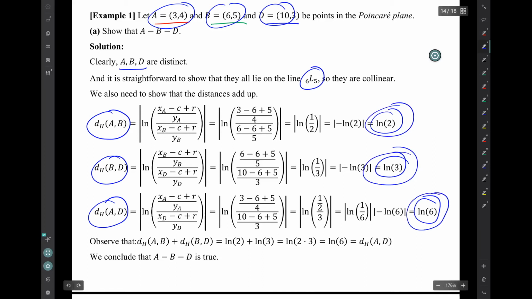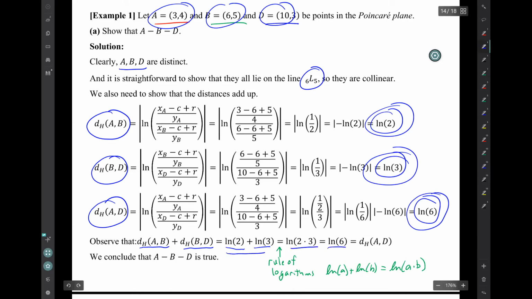Now notice that I haven't given any decimal approximations for these. I'm just going to work with the exact symbols. Now notice what happens when I add up the distance from A to B and the distance from B to D. I add ln of 2 and ln of 3. Well, rule of logarithms, ln of A plus ln of B equals ln of A times B, allows us to replace this expression with this expression.